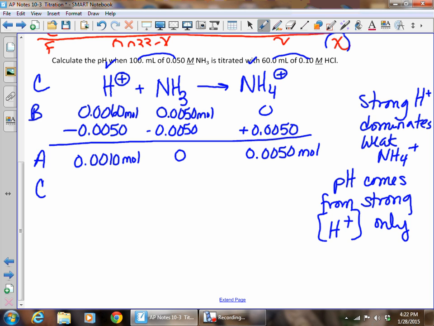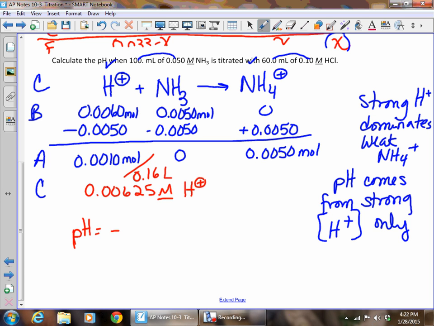So let's find that concentration. We've now got 100 milliliters mixed with 60 milliliters. That's 160 milliliters or 0.16 liters. So we end up with our changed back to concentration value of 0.00625 molar H plus. We can get our pH directly from that.